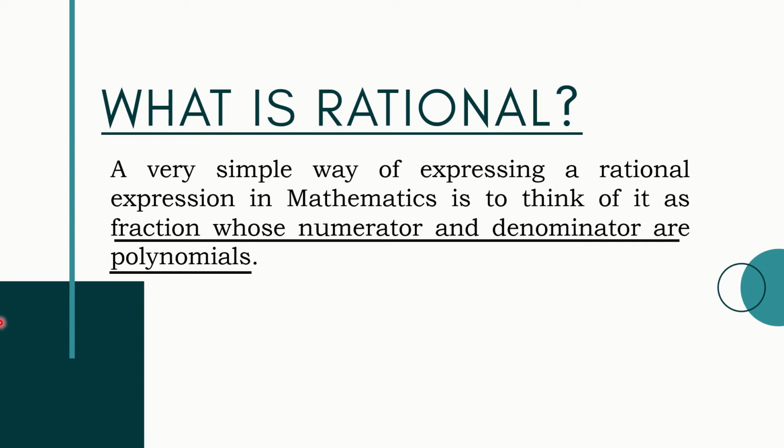So again, when we talk about a rational algebraic expression, it is a fraction, meaning it has a numerator and denominator, and its numerator and denominator are expressed through polynomials. Polynomials are algebraic expressions having many terms, and can be monomial, binomial, or trinomial.